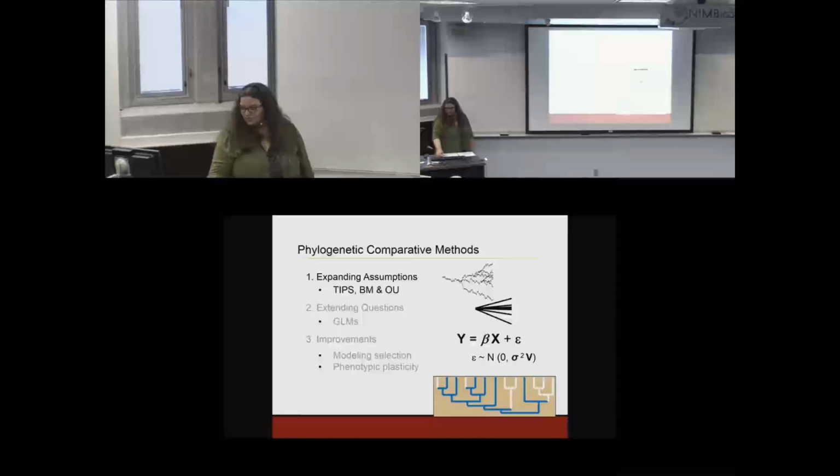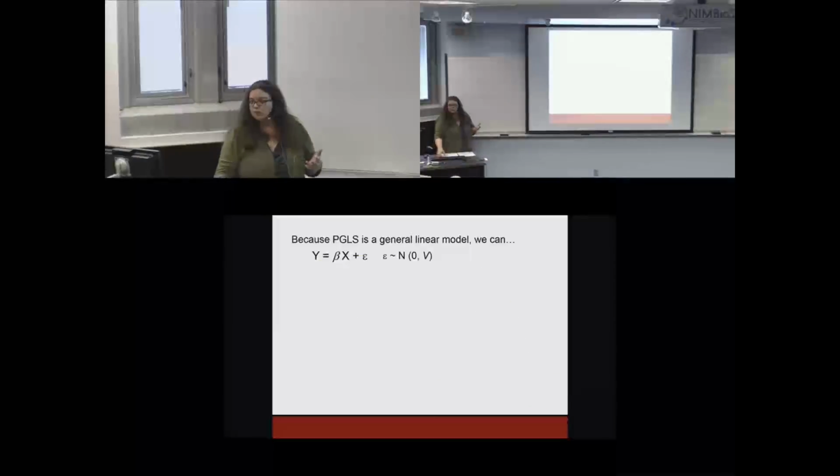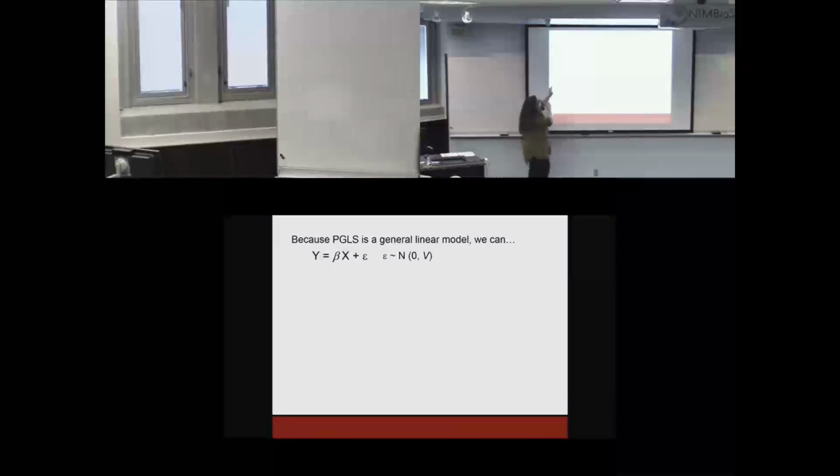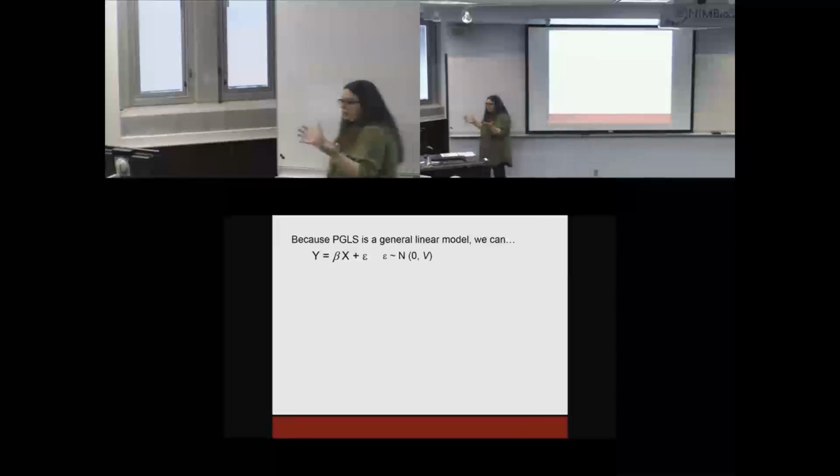Okay. So that was talking about assumptions and that V matrix and how we can plug in different types of assumptions, particularly the OU there. And I want to move now to questions, because the other thing that you get out of putting it in this linear model framework is that you get flexibility over here in the mean structure of the model and how you set it up. So it's a regression, right?